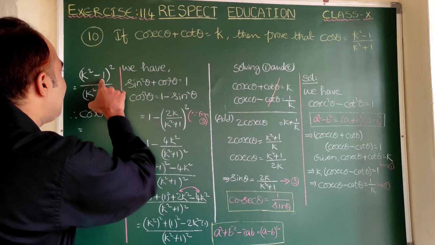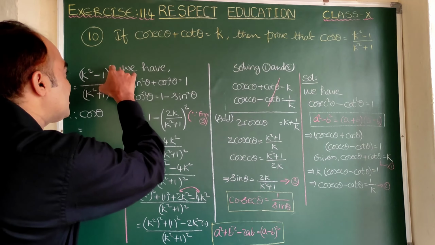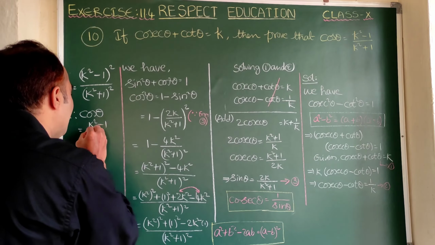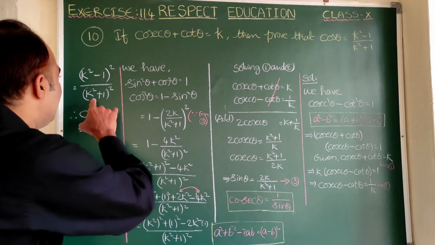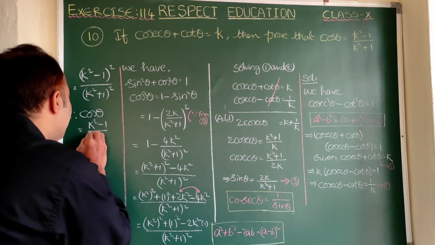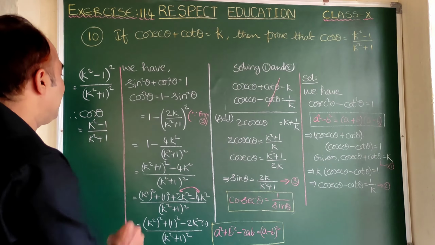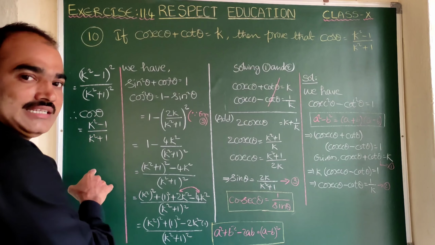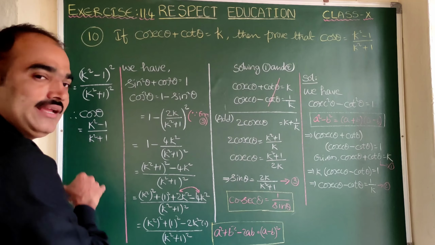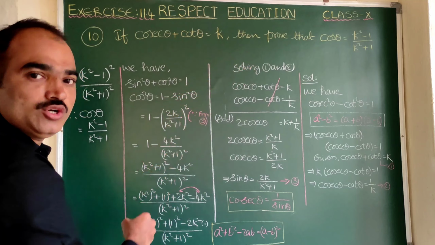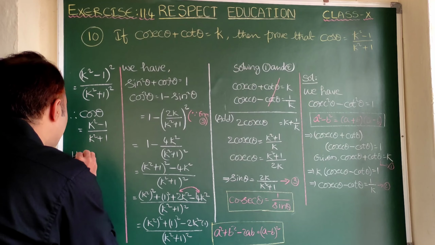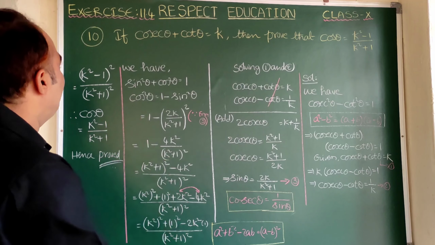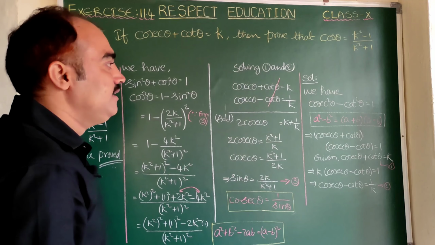Here k square minus 1 whole square, this square and root get cancelled, so you will get k square minus 1 by k square plus 1. In fact we should write plus or minus, but according to the answer, cos theta is equal to k square minus 1 by k square plus 1. That is what we need to prove. So here we can write hence proved. With this, problem number 10 gets completed.